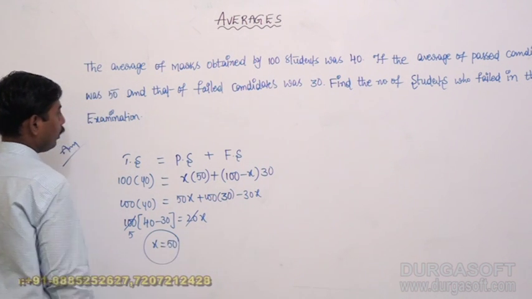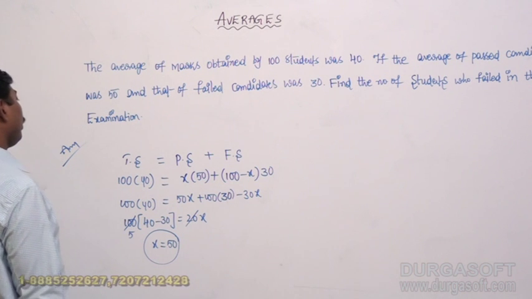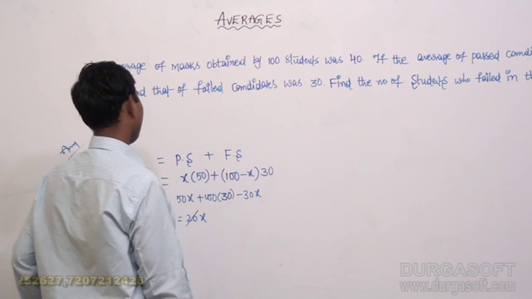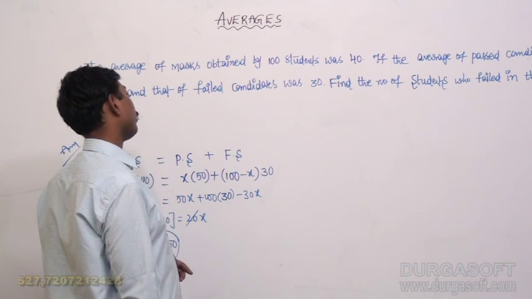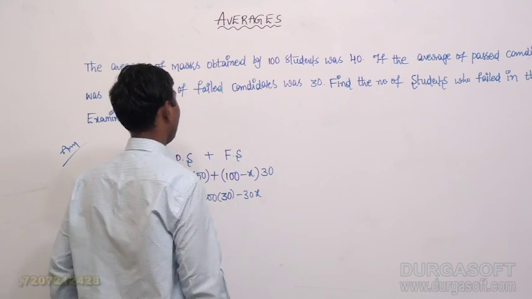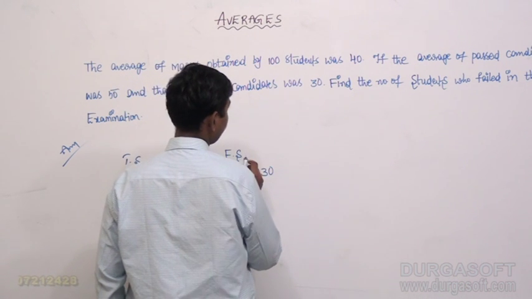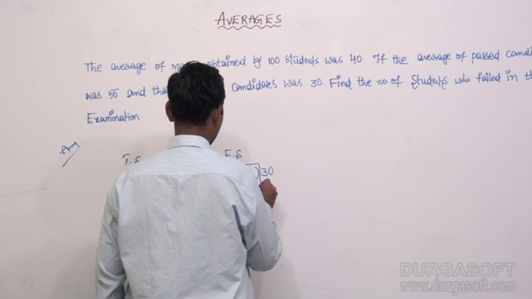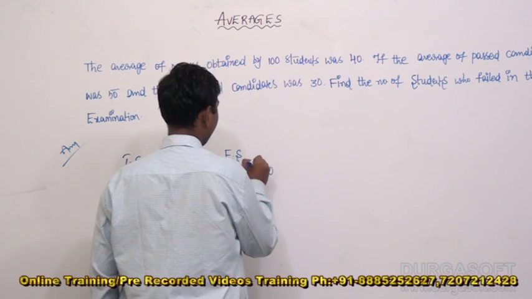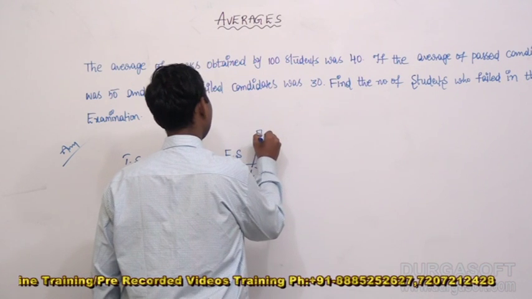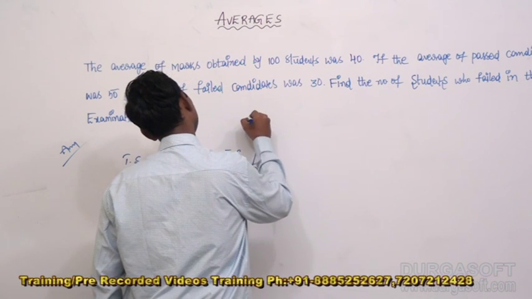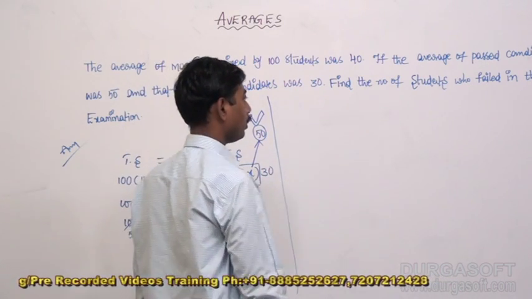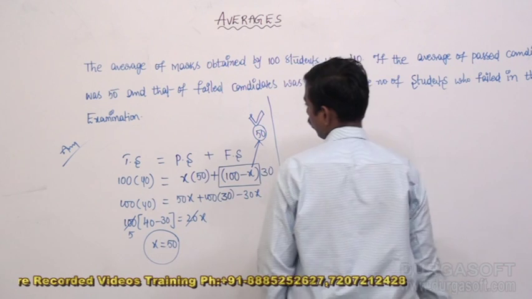X equals 50 means out of 100, 50 people qualified in the exam. So how many people failed in the examination? 100 minus 50. 50 people passed, which means 50 people failed in the examination.